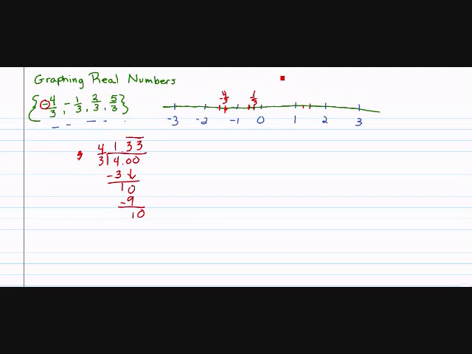Let's take a look at 2/3. 2/3 is between 0 and 1. I know that because the numerator is smaller than the denominator, so it always goes between 0 and 1. If the numerator is larger, then we divide to see what it is.